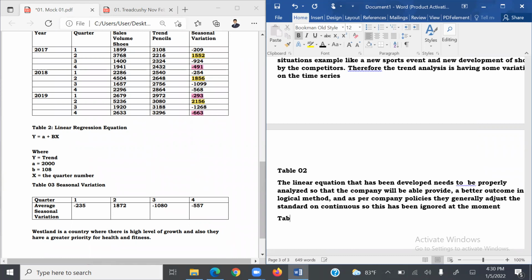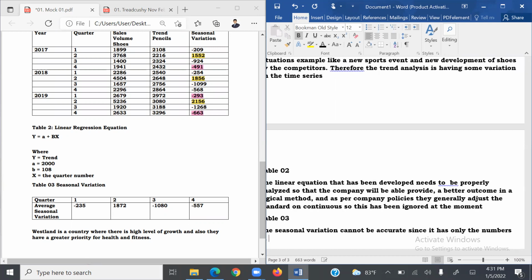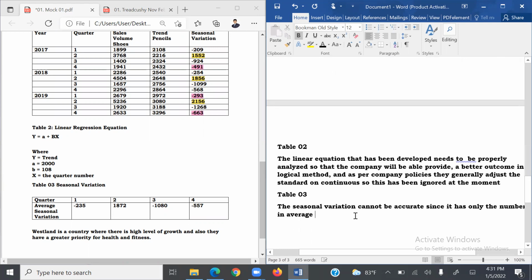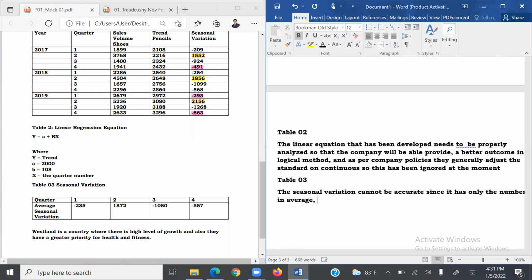And students, table 3, the seasonal variation. So I'll write here, the seasonal variation cannot be 100% accurate, since it has only the numbers in average. So I believe this is giving a better understanding for you, students.